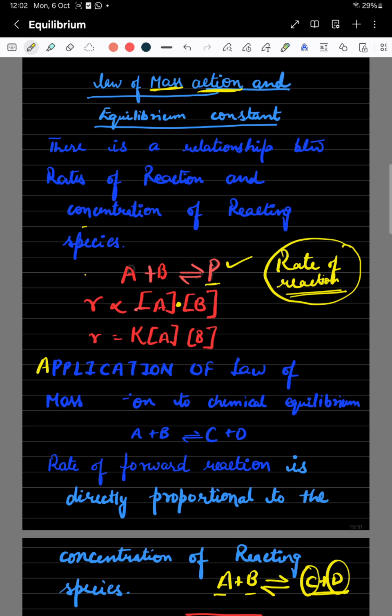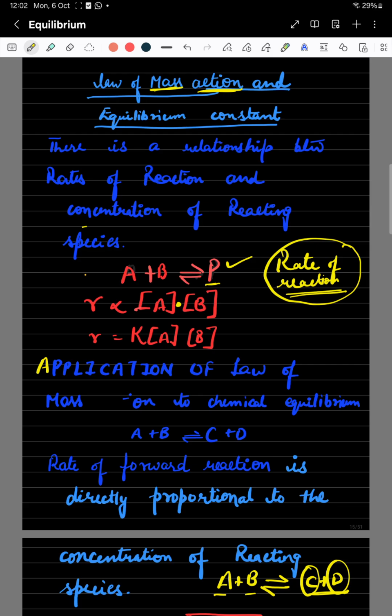Your speed of reaction, or the rate of reaction, will be directly proportional to what? It will directly depend on the concentration of the reacting species involved in a chemical reaction. Initially you have only reactants, and they react with each other and produce a product.